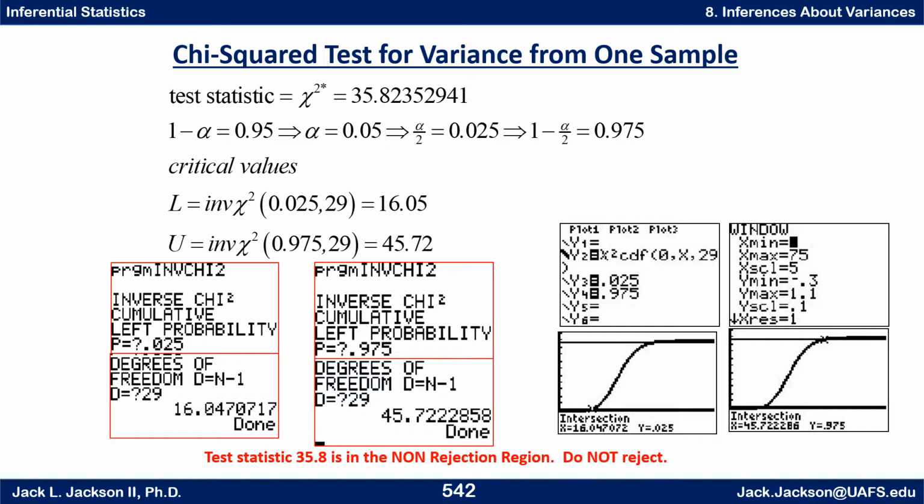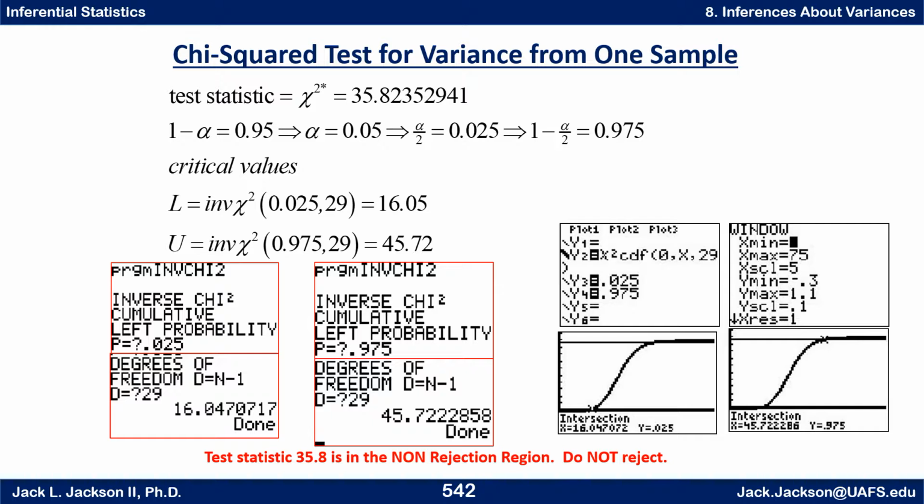So there's alpha to the left of our left critical value, lower critical value, and alpha to the right of our upper critical value.